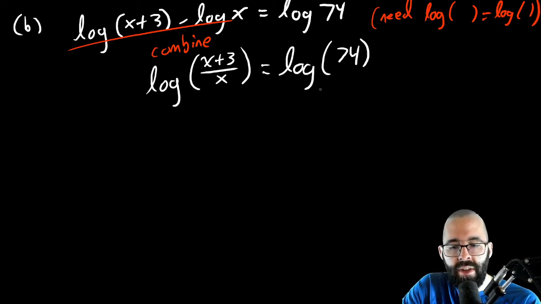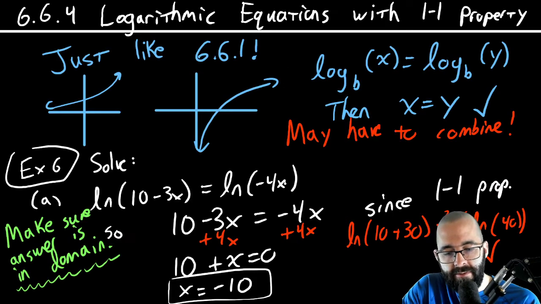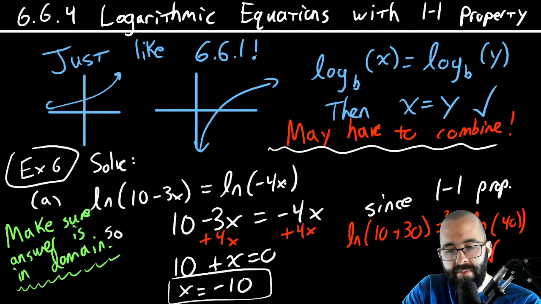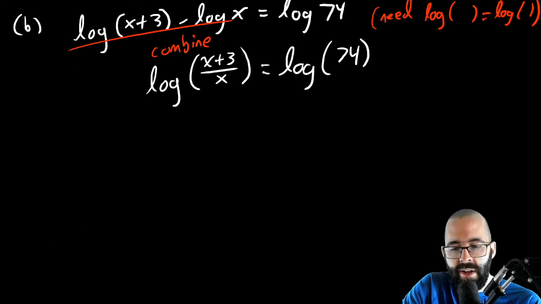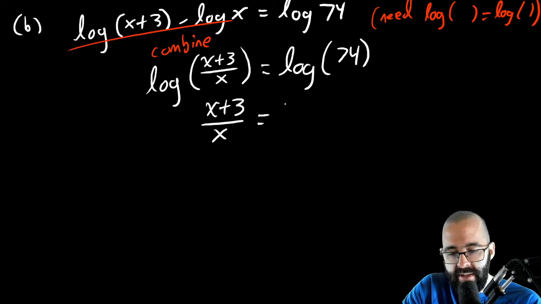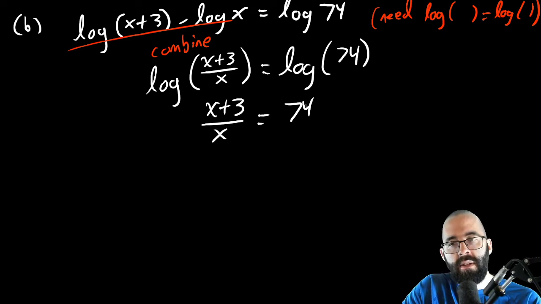So that's the only real thing here, is that sometimes you're going to have to combine. The one-to-one property says two logarithms of the same base equaling each other. We've got that. So x plus 3 over x has to equal 74. Solve this equation. Anytime you have a variable in the denominator, you want to get rid of that.